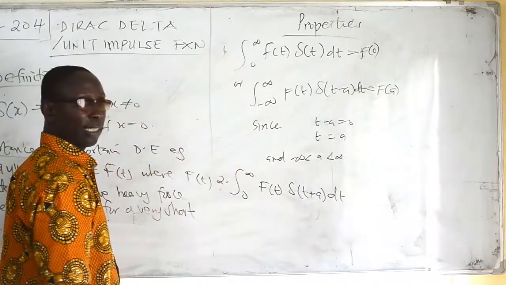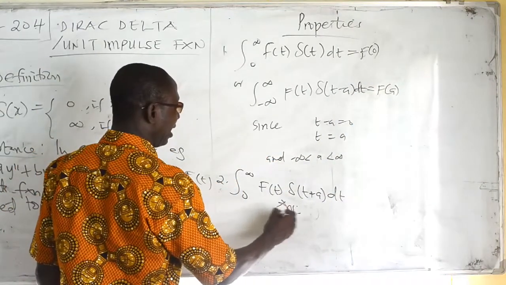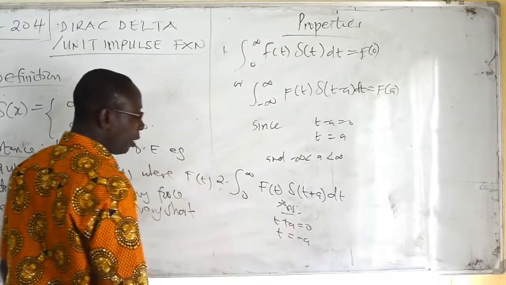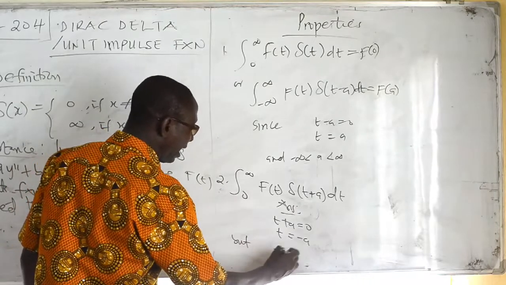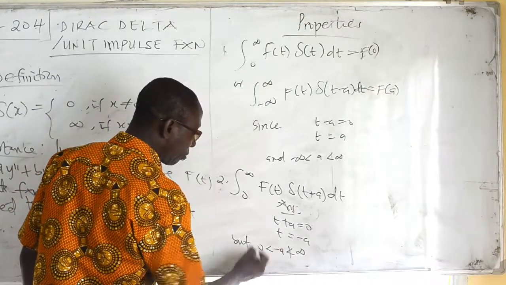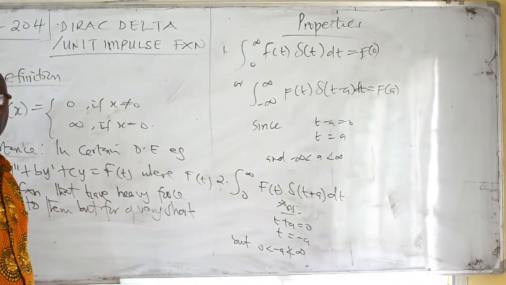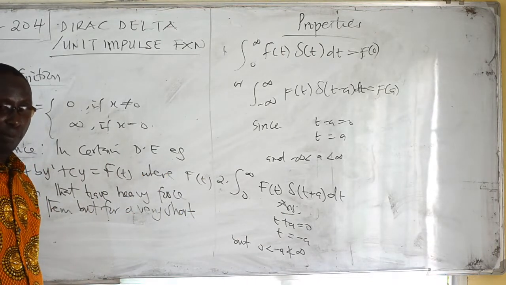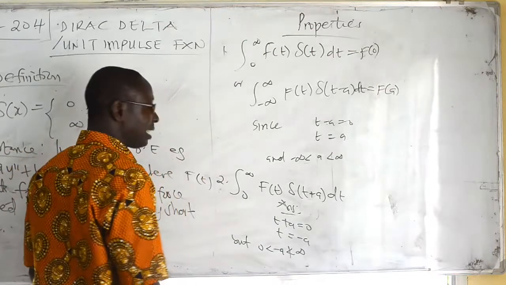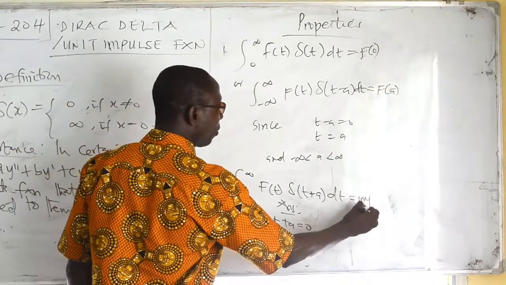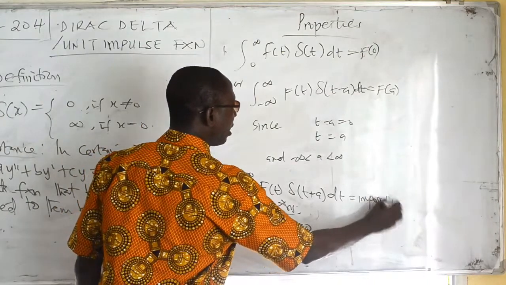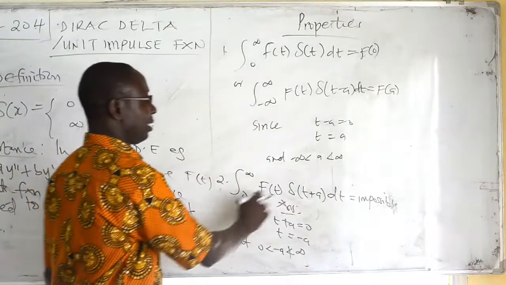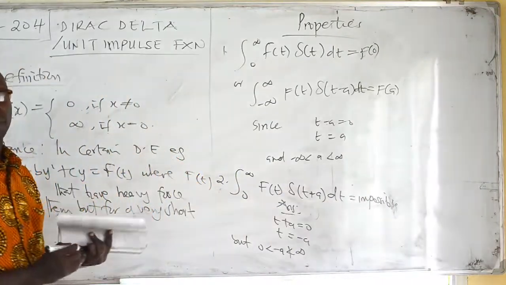The first thing to do is t plus a equal to 0, so t is equal to minus a. But minus a is not between 0 and infinity, assuming a is positive. So this question has a solution that is impossible.